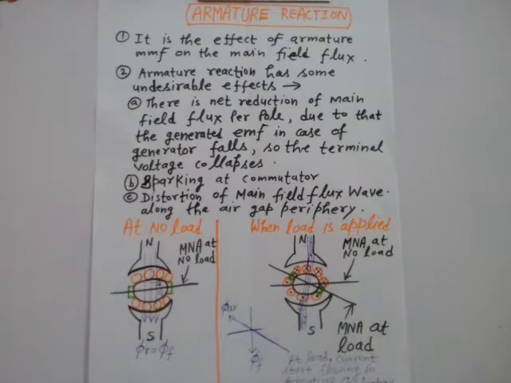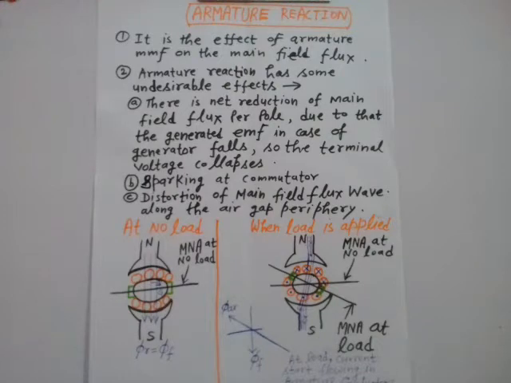Because in a generator, what do you want? You basically want that the voltage at the terminal should not collapse, ideally. But due to this armature reaction, it collapses. If you do not take any adequate measures to avoid this armature reaction, then definitely the terminal voltage in case of a generator will reduce.